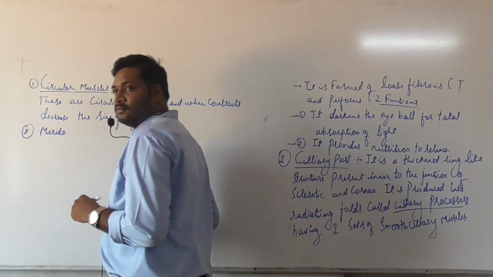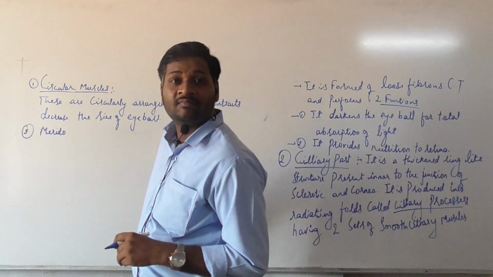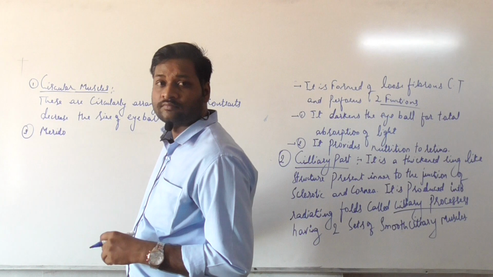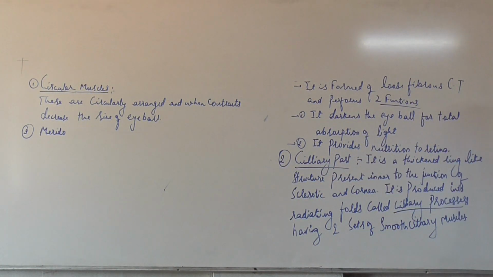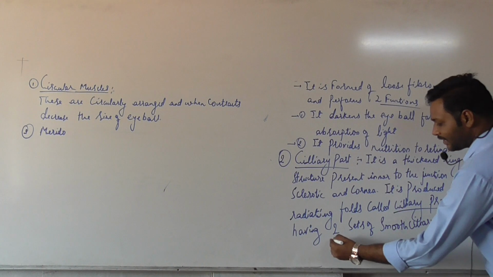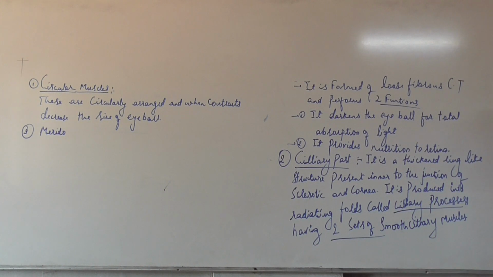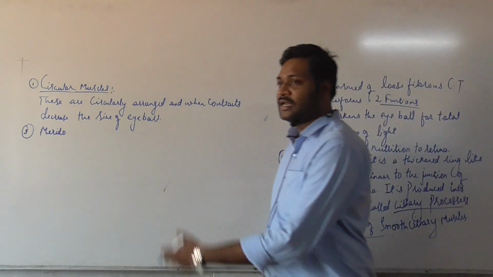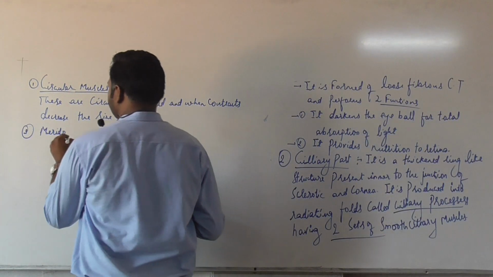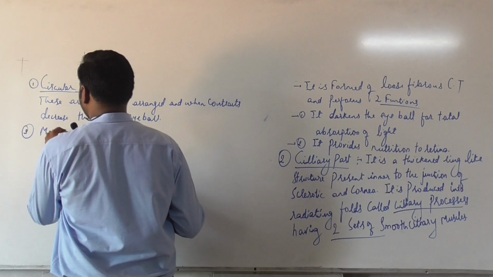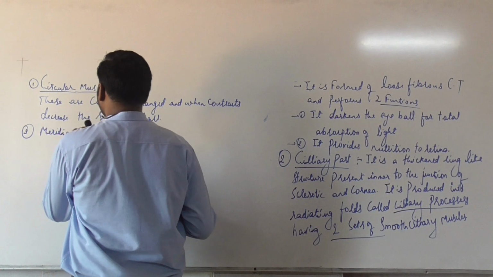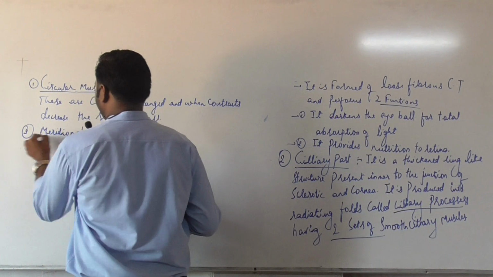See, in the ciliary part there are two sets of muscles. The first set is called the circular muscle. As I have shown you, it has two sets of ciliary muscles: first is the circular muscle and second one is the meridional muscles.